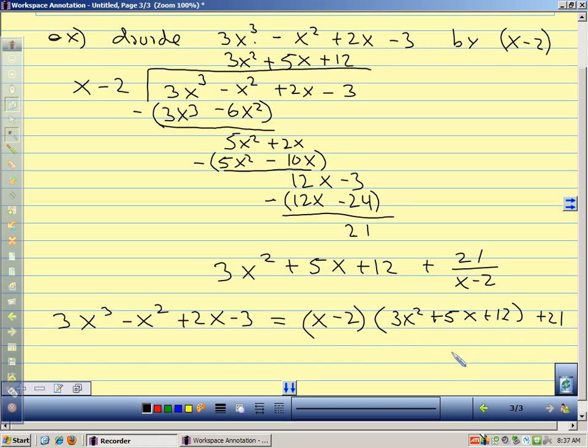So this kind of gives us a picture as to why we might want to divide polynomials. Because what I've done is I started with a cubic polynomial here, and now I have a first degree polynomial times a quadratic. So this is the first step in factoring this equation.